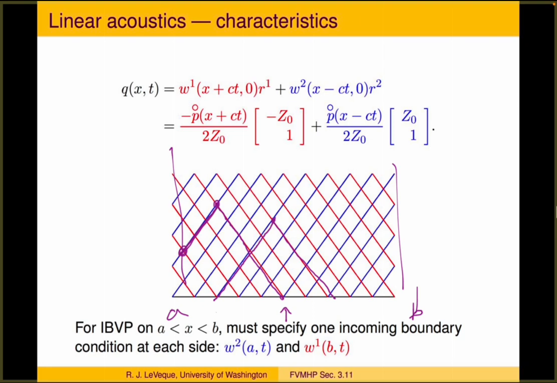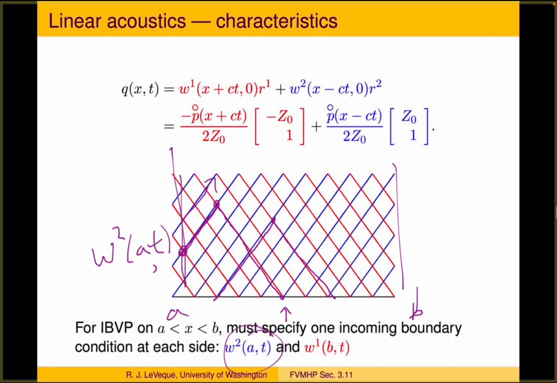Okay. But you can see from this picture that all of these blue characteristics that are going to the right, those are the ones that correspond to W2, those characteristics are all coming from the left boundary and going into the domain. And so for those characteristics, we need to specify a boundary condition at the left side. So we need to specify W2 over here at the left boundary.